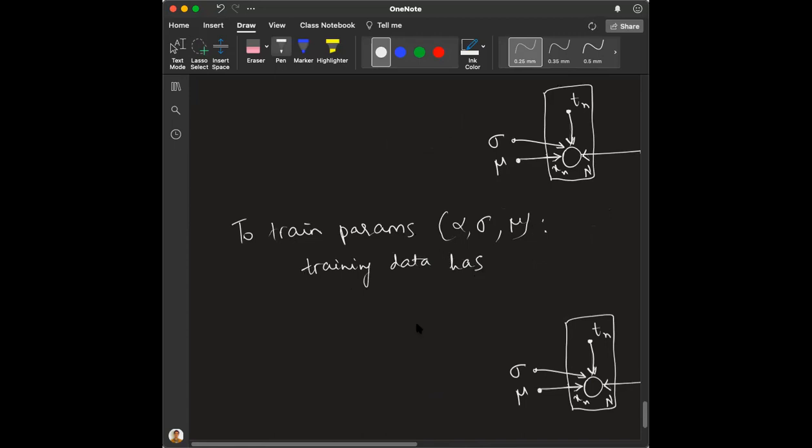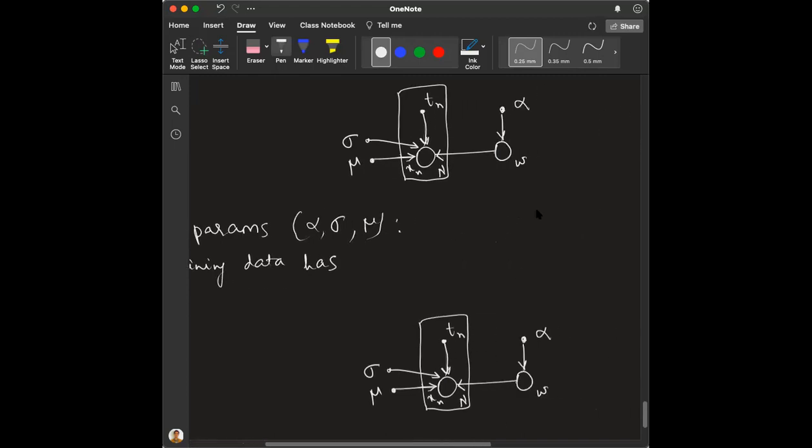Now, training data will contain what? Out of these things, training data will have what values? Please write on the chat window. Very simple question.